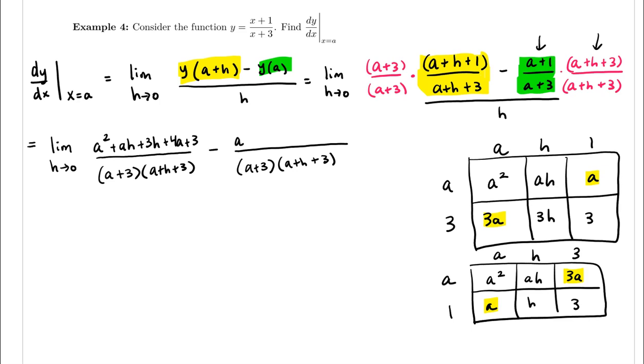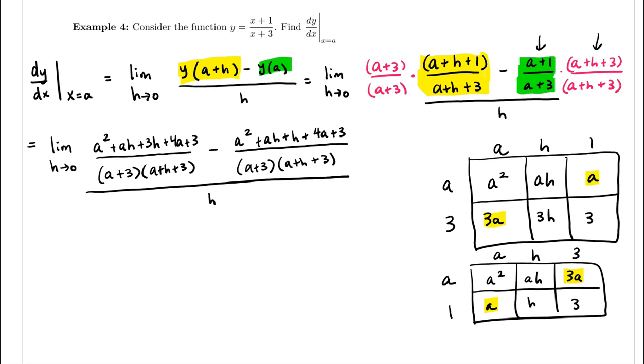So we have a squared plus ah plus h plus 4a plus 3, and this is all over h. If you need to, take a minute and absorb that, rewind it if you have to.